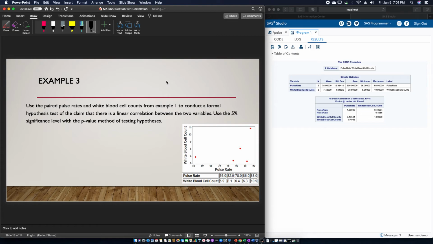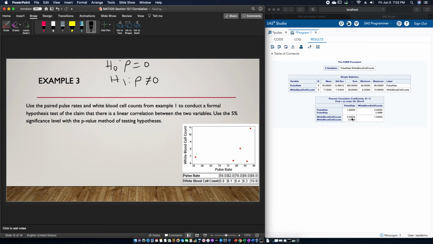Using the paired pulse rates and white blood cell counts from example 1, conduct a formal hypothesis test of the claim that there is a linear correlation between the two variables, using the 5% significance level and the p-value method for testing the hypothesis. As we had previously, the null hypothesis is that there is no correlation, so the population correlation coefficient is 0, and the alternative is that there is a correlation, so this is not equal to 0.